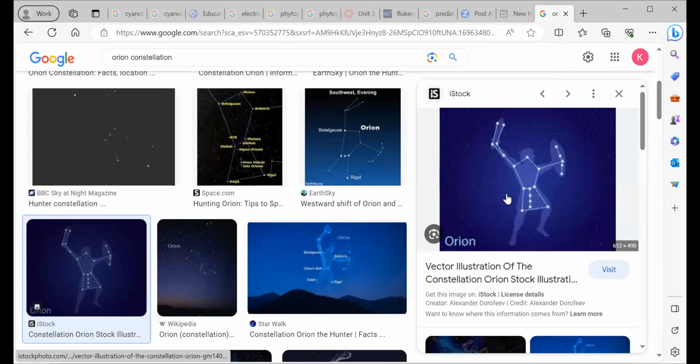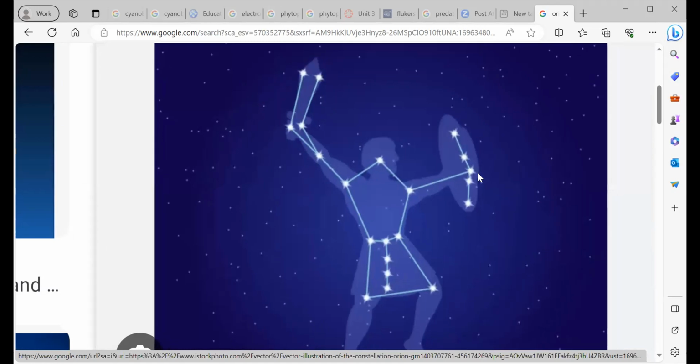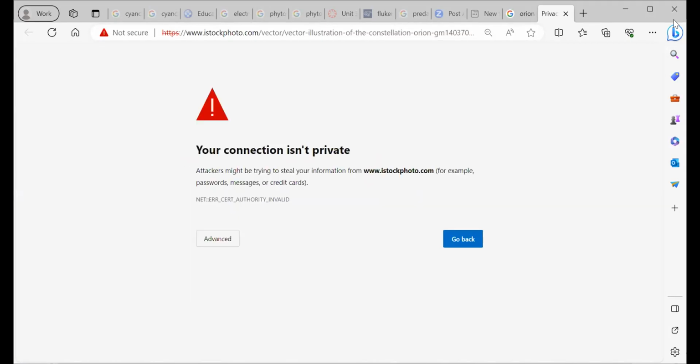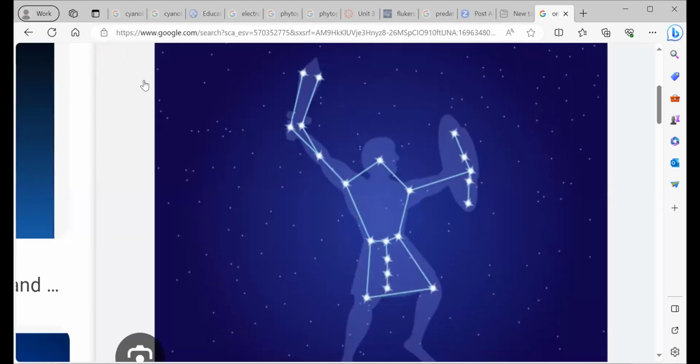It's really hard to miss. And that website's taking forever, so I'm just going to zoom in on it. That's Orion. Anybody ever see the movie Men in Black? They talk about Orion's belt. There it is. One of these stars is called Betelgeuse, and it is a giant star. Let me see where it is.